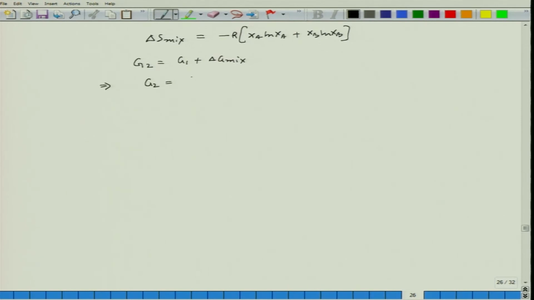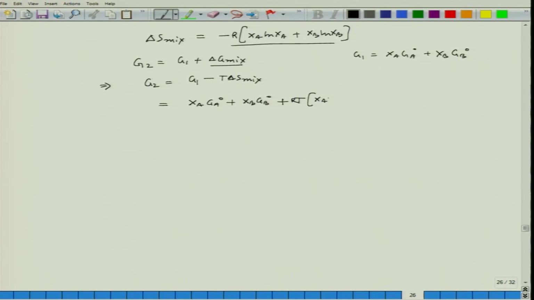This becomes G 2 equal to G 1, and since this is nothing but T del S mix, so I replace G 1 and del S mix and put this one for del S mix, and so if I replace them, x b.